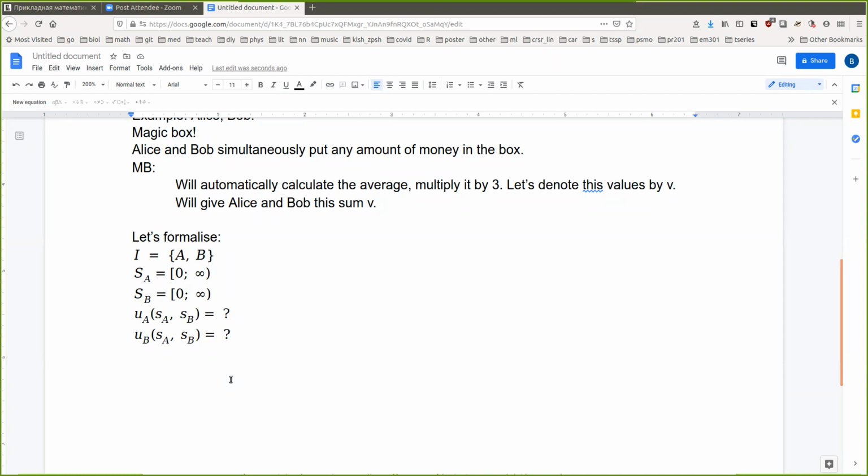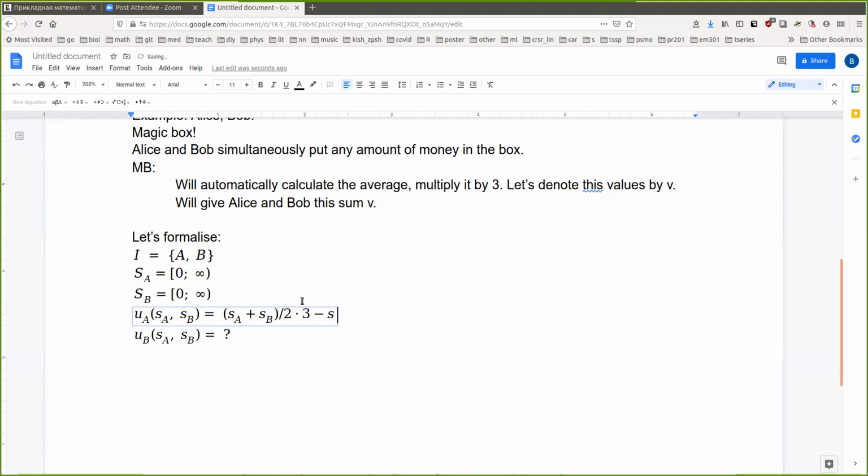If I understood correctly, it should be the sum of SA plus SB over 2 multiplied by 3. And minus SA or minus SB, because these are the costs. Exactly. You should not forget to have a minus. Okay, so we need to have here SA plus SB over 2 times 3, yeah?